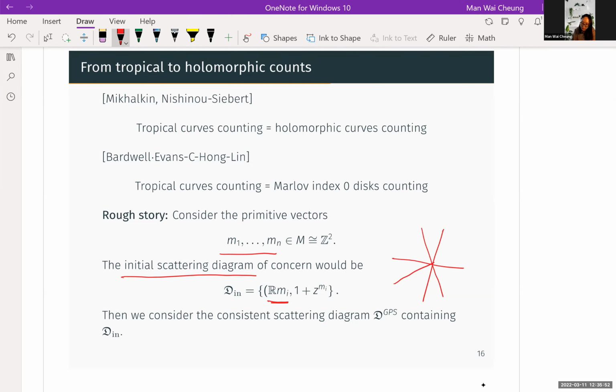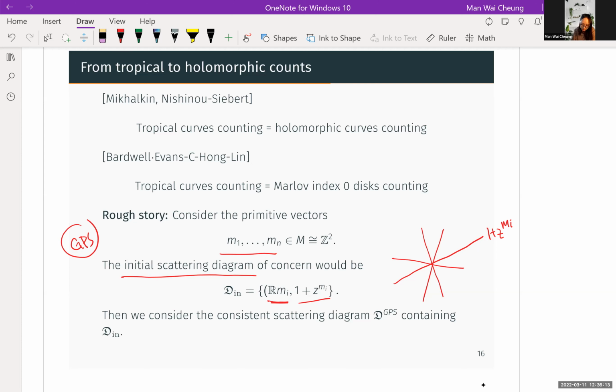And then the wall function will be 1 plus m_i. Again, notice that now we go back to the GPS scattering diagram. So the choice of normal, we flip the direction of the choice of normal. So that's why I don't have a minus here.